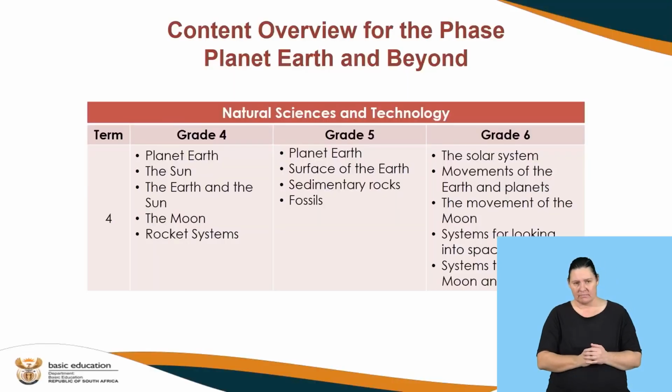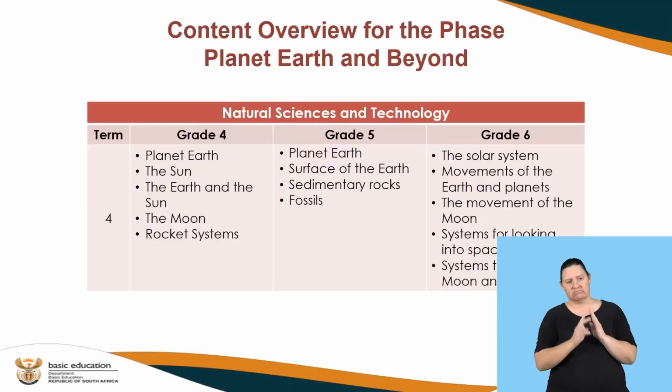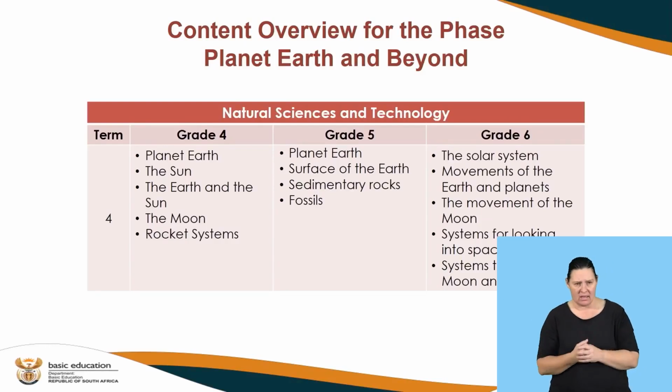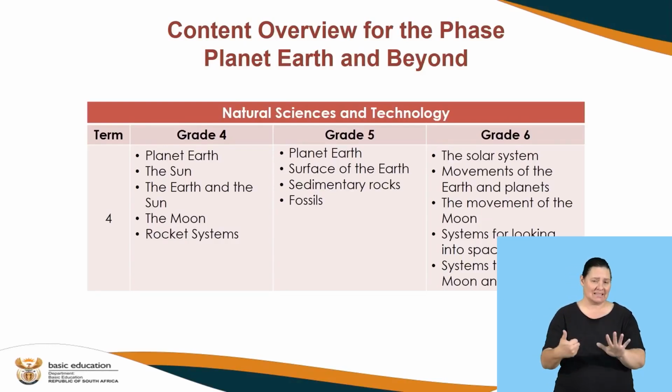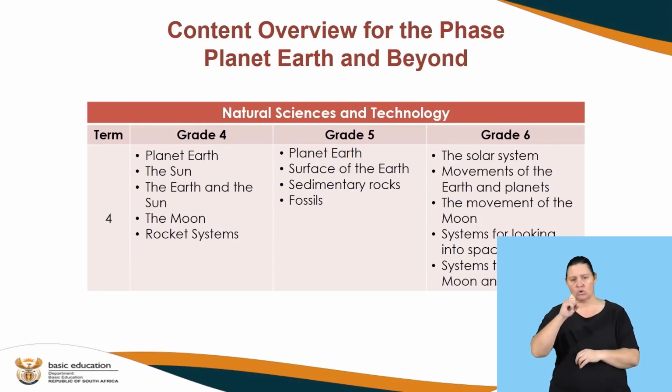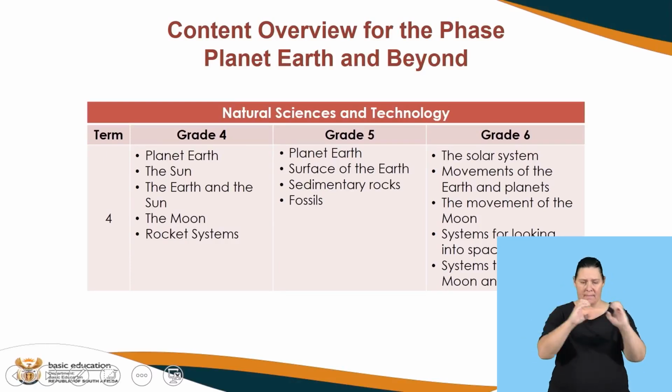So these are the topics you have in the ATP, as you can see them. But what we have done here is that, as it was done in CAPS as well, children in grade 4 are introduced to planet Earth, the sun, the Earth and the sun, how they relate to one another. But as you move further in grade 6, they actually look into the solar system as a system, which includes other planets as well.